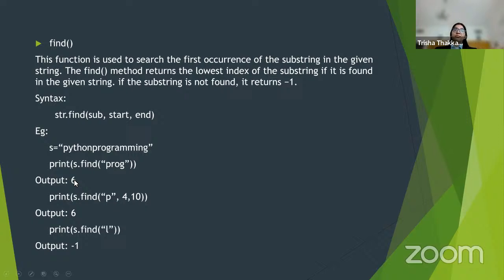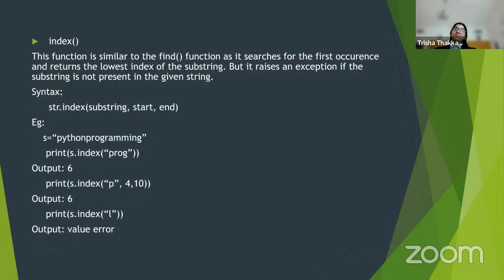In the second example, which is print s.find p, 4, 10, it starts checking for the substring p only after the fourth index, which is from O. This is why the output is 6 and not 1, and not 0. And the last example is print s.find L. And since L is not present in the string, the output is -1.